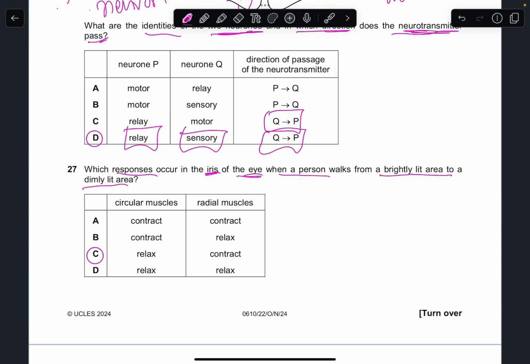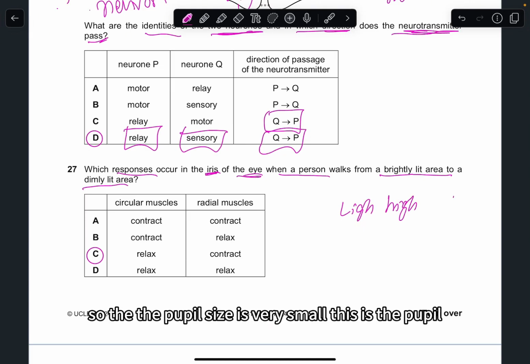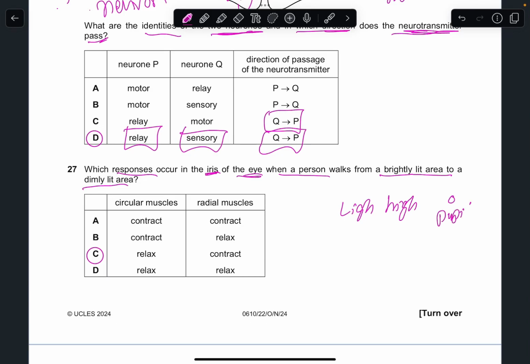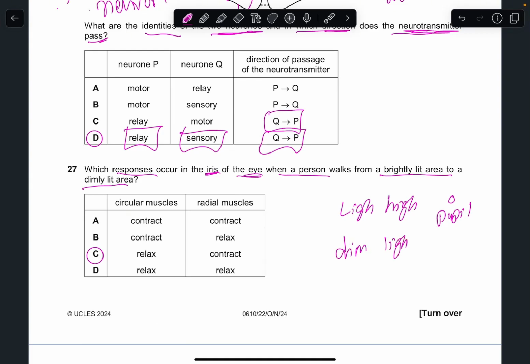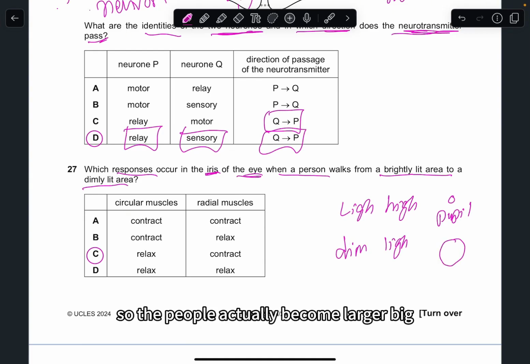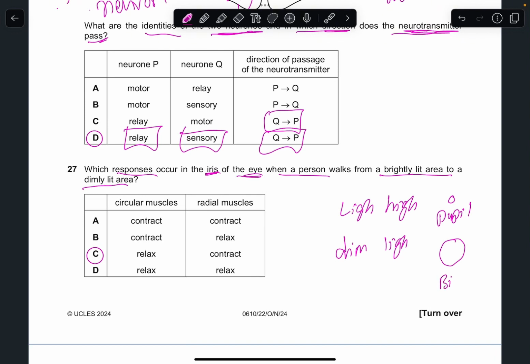a dim area? So when light is high, the pupil size is very small. This is the pupil. It is very small. So when a person enters into dim light, the pupil actually becomes larger, big.